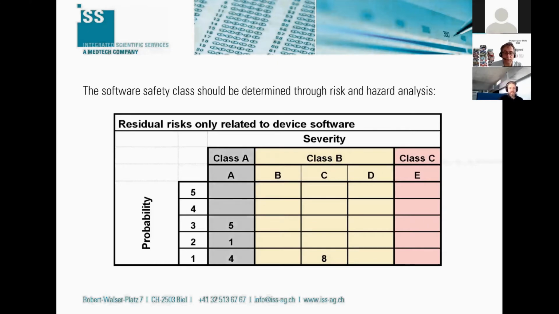And residual risk is the risk after we have risk control in place, after we have risk mitigation measures. And in our case, we still have 8 software-related risks left with a severity of C, which in our case makes this a Class B, software safety Class B product.